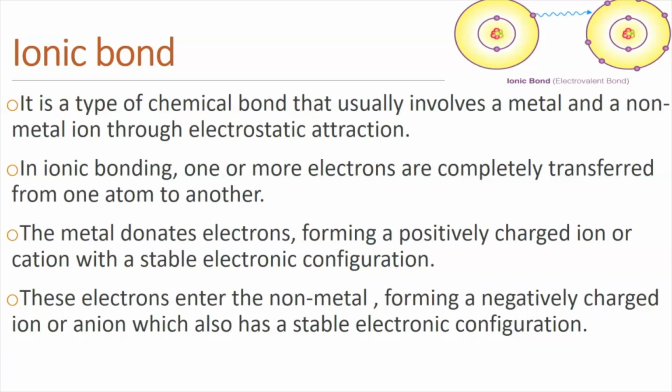The metal donates electrons, forming a positively charged ion or cation with a stable electronic configuration. These electrons enter into the nonmetal, forming a negatively charged anion which also has a stable electronic configuration.